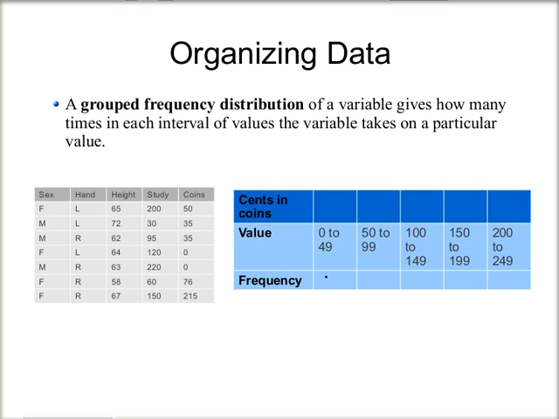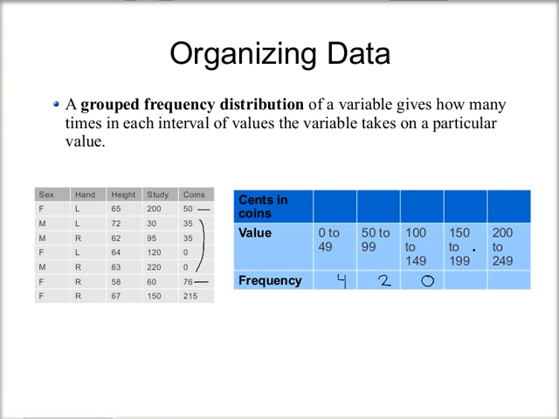And now to fill in my frequency, I'm just going to count again. So I'm looking for all of the individuals whose value is between 0 and 49, and that's going to include these 2 zeros and these 2 35s here. So that will give me a frequency of 4. For 50 to 99, that's going to include the individual with 50 cents and the individual with 76 cents. So that frequency is going to be 2. I don't have any individuals who fall into this interval from 100 to 149, so its frequency is going to be 0.